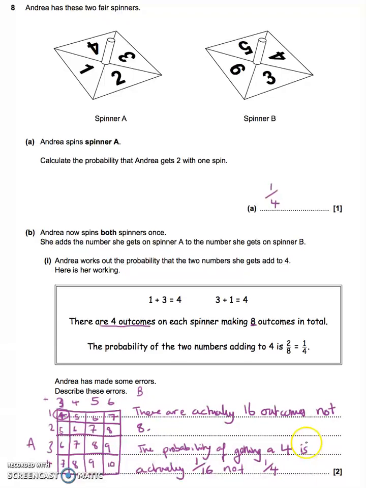Okay. Right, let's have a look at the next part of the question because it links. So I have done that and I've left this bit here because I think it might be useful. Find the probability that the two numbers she gets add to a 6. Well, we've done all the working out already down here, so we can see that we've got this, this, this.